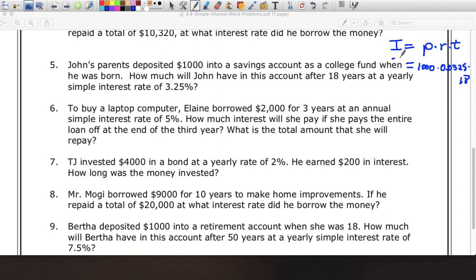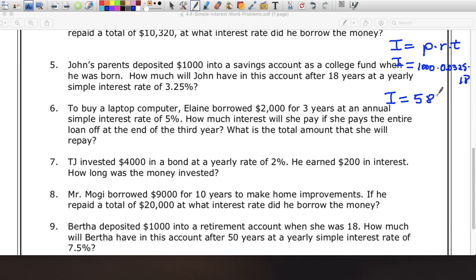Imagine your parents put $1,000 in a bank account and said, hey, when you're 18, we have a surprise for you. So how much would you have earned? Let's multiply 1,000 times 0.0325 times 18 years, and that's 585.